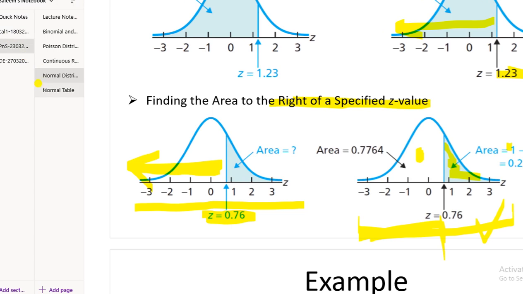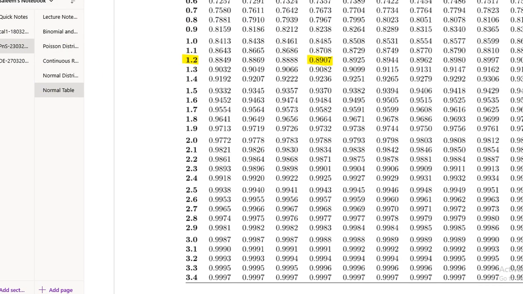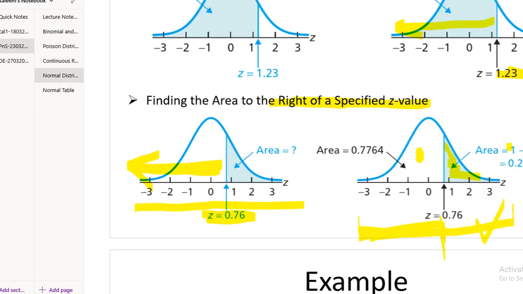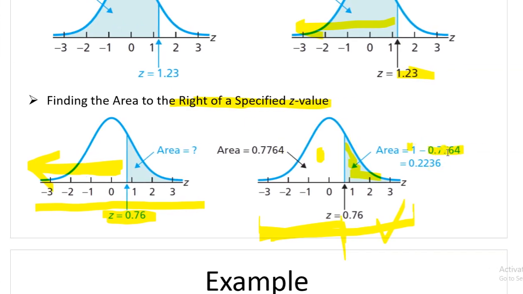This is the normal table. 0.76: 0.7 on the left, and 6 is here. So see 0.7764, 0.7 under 6. But 0.7764 is the area to the left. So to find the area on the right, I have to subtract this area from 1 to get the other side.